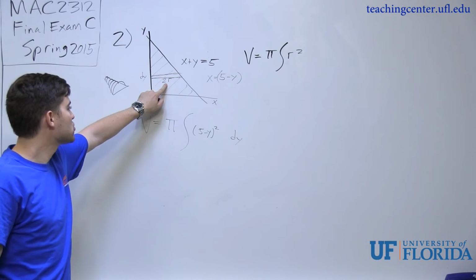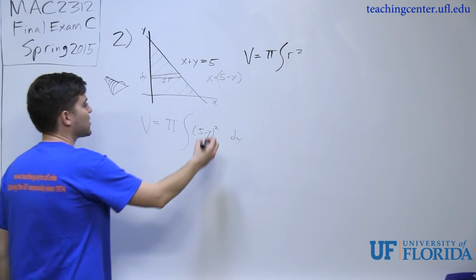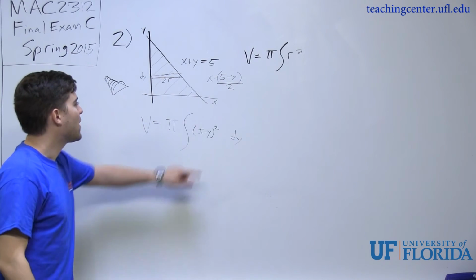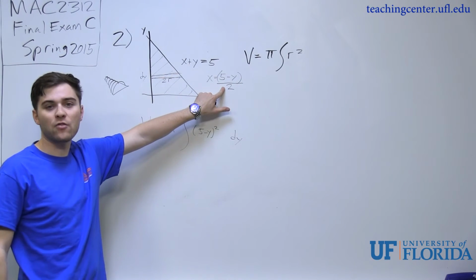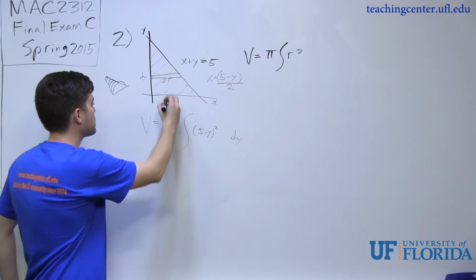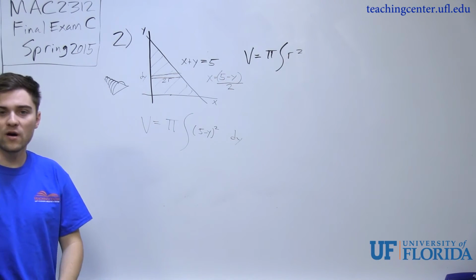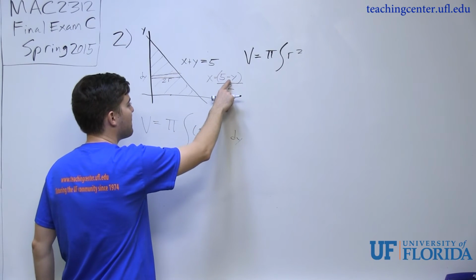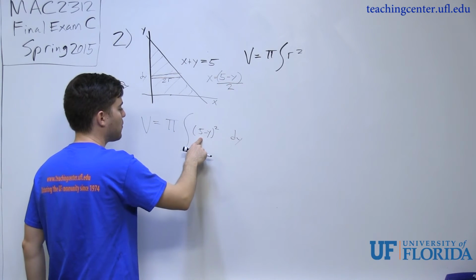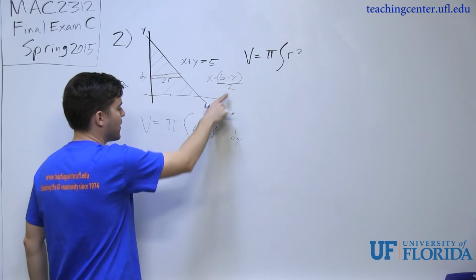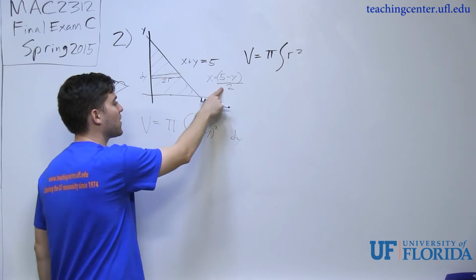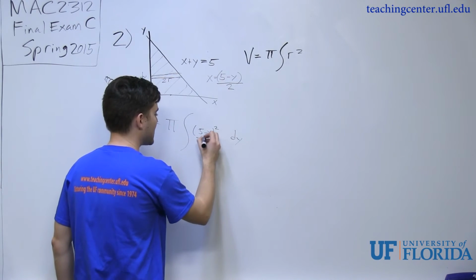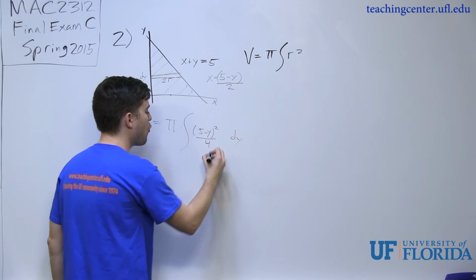So to get the radius, I have to divide this by 2. By dividing this by 2, this is now the radius of my solid. This would be somewhere around the middle point of each one of those semicircles as it goes up. So instead of just plugging in 5 minus y, I'm going to plug in 5 minus y over 2, and then square it. So what I end up getting is 5 minus y squared over 4.